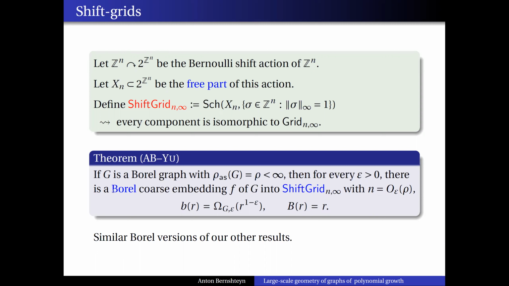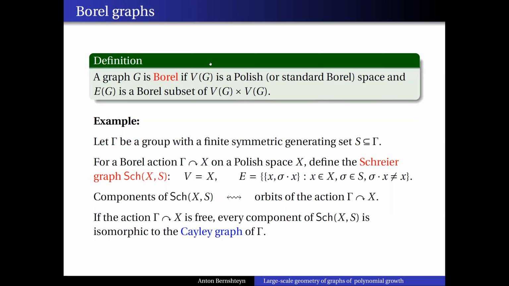The key thing is that we want this coarse embedding f to be a Borel function. So if you think of f as a function from the vertex set of G, which is part of the definition of a Borel graph, right? V of G is a Polish space. So it has some kind of topology that has nothing to do with the graph's metric again. Well, it has something to do with it because the edge set of the graph is Borel, but the graph metric doesn't generate this topology, right?